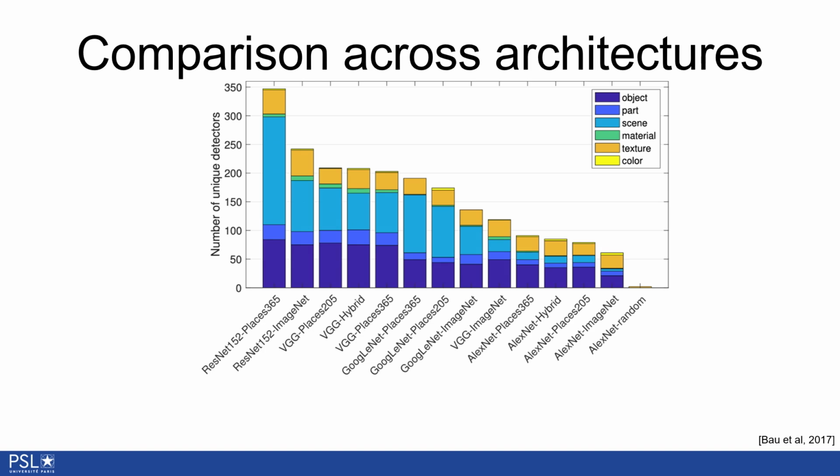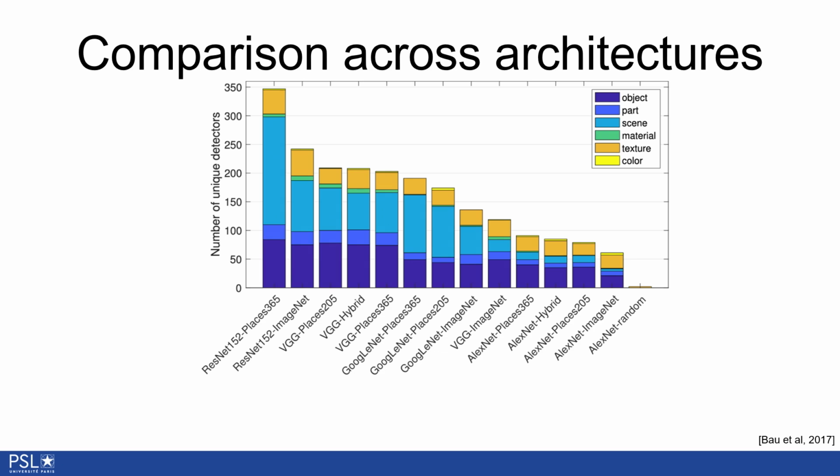For each combination of network and training dataset, the y-axis shows the number of unique detectors, the summary quantity obtained from the network dissection procedure. Different colors correspond to different classes of concepts, as before: objects, parts of objects, scenes, materials, textures, and color.